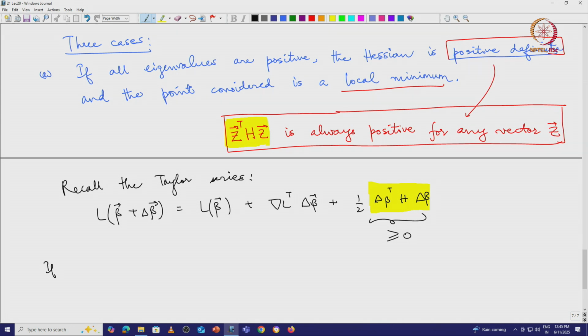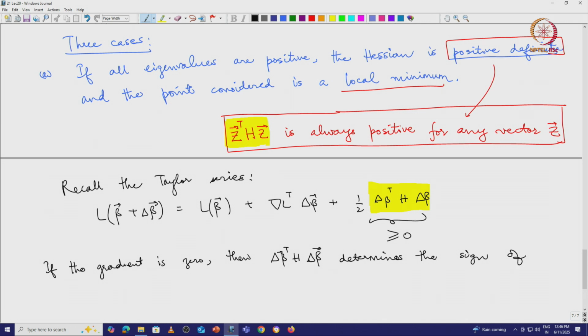If the gradient is 0, then your delta beta transpose H delta beta determines the sign of L of beta plus delta beta minus L of beta.